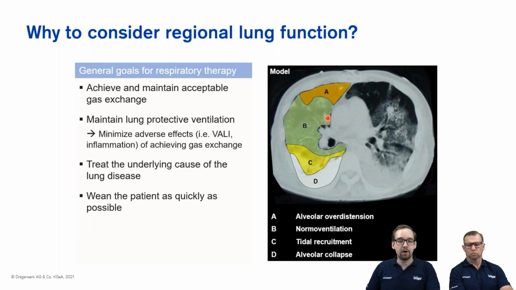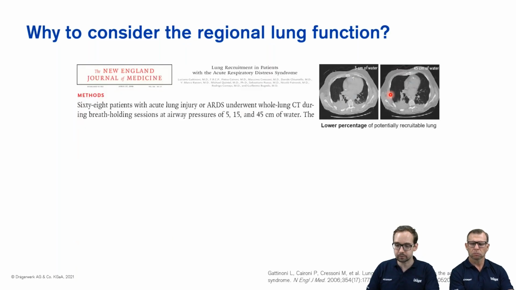Therefore, the remaining lung that is functioning normally might be a lot smaller than originally anticipated. And this is what's called in the literature the baby lung. And between the baby lung and the collapsed regions of the lung, we have this area with cyclic opening and closing. So all these factors are impacting the potential outcome of our patients. For today, we will mainly focus on alveolar collapse, but of course, we also will be able to give you indicators for overdistension and even tidal recruitment.